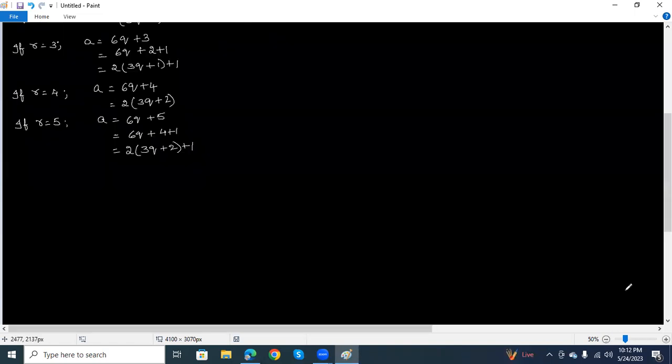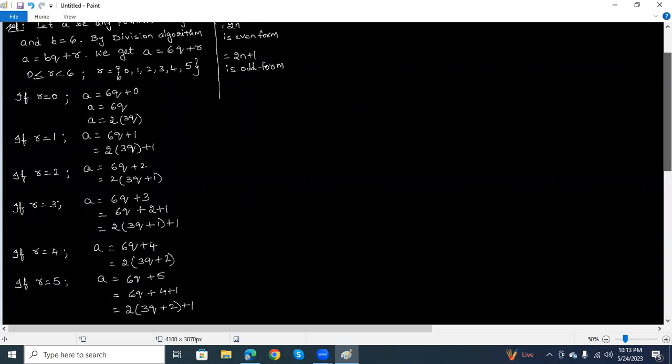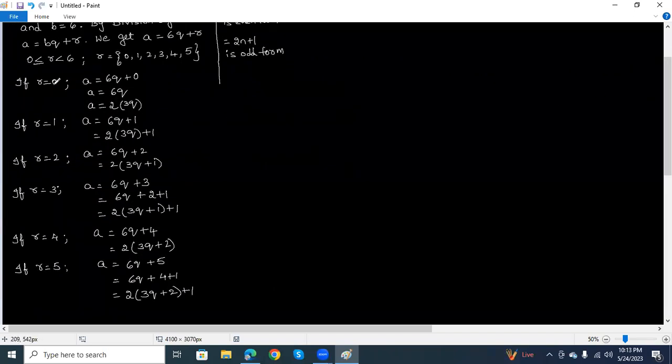I'll show you the full sum here. See, when you have taken r as 0, it is 2n form. Again, 1 means this is 2n plus 1. n is here 3q. 2 means, again, it is 2n form. 4 means, again, it is 2n form.